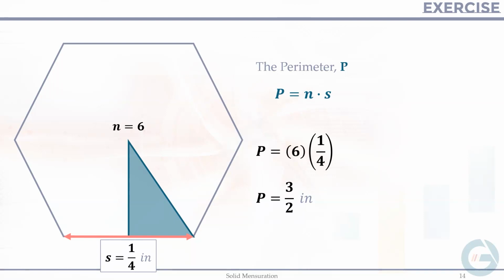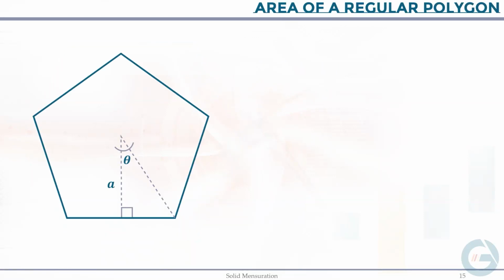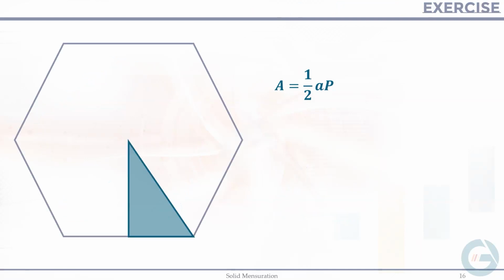The next step is to calculate the area of the regular polygon. The reason we have those values is because of the general equation for the area of a regular polygon: A equals 1/2 times a times P, where a is the apothem and P is the perimeter. For this hexagon, we already calculated the apothem, which is square root of 3 over 8, and the perimeter is 3/2.